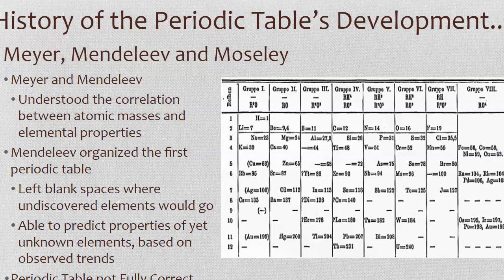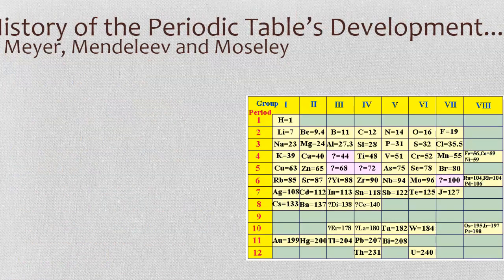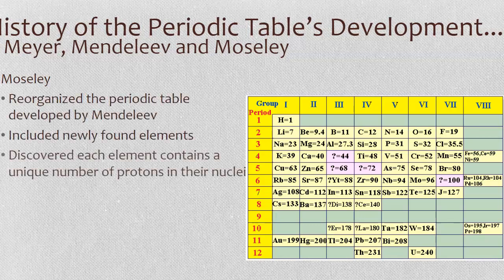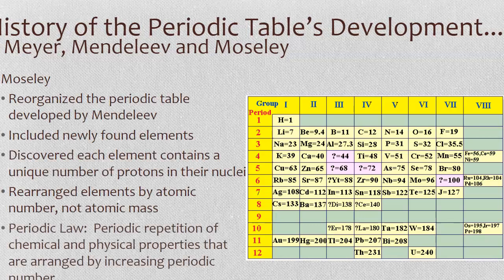And if you're wondering what happened to Mayer, he and Mendeleev both published around the same time somewhat similar periodic tables. Mendeleev published first, and Mayer didn't get the credit. And then finally, there's Moseley. He reorganized Mendeleev's periodic table, which included newly found elements, and he discovered that each element contains a unique number of protons in its nucleus.